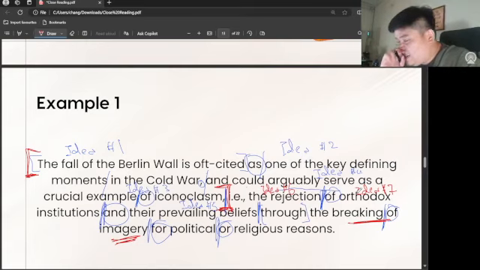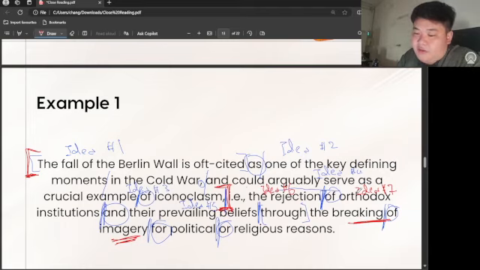So for instance, the destruction of, let's say, Civil War Confederate general statues in the USA. Let's say you break a statue to send a political message, that is a form of iconoclasm.